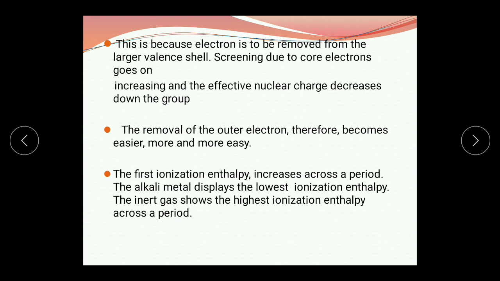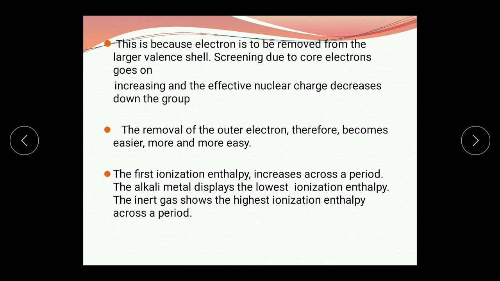Hence, core electrons remain the same, but the effective nuclear charge goes on increasing, and because atomic radius goes on decreasing, it becomes more and more difficult to remove an electron from the smaller atoms of those elements.